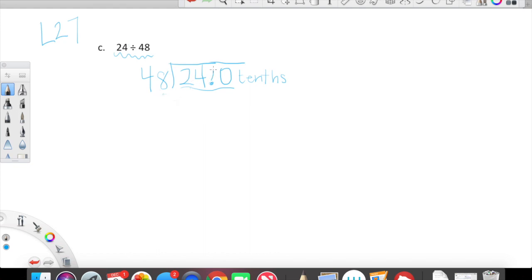See what I did there? Whenever we are including our decimal point, please make sure that we bring that straight up. Now we need to think, how many 48s can I fit into 240 tenths? Really what we're thinking about now is imagine those 240 tenths, and we're dropping them into equal groups of 48.